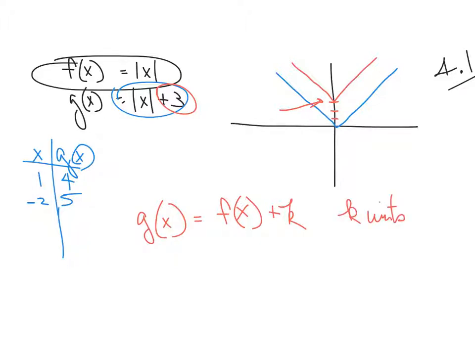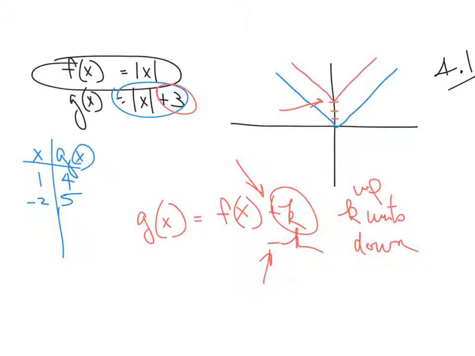Okay, so if you are adding a number to your function, it's going to shift up. If this were a negative k, it's going to shift down. Okay, so this is up if it's plus, and if it's minus, it's going to go down. Okay, so that helps you to get an idea of what's going to go on here, and we'll give you some more examples here later on.